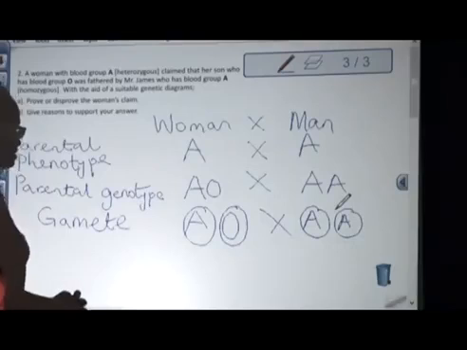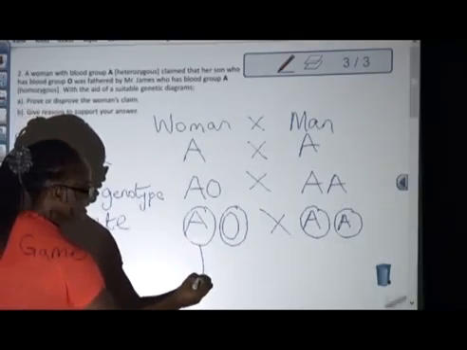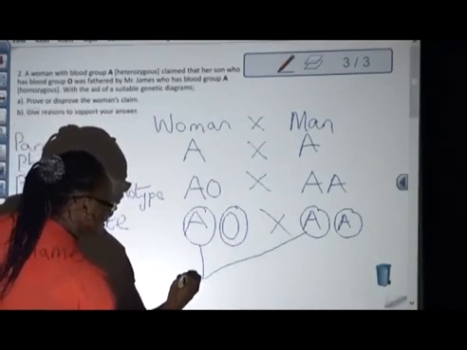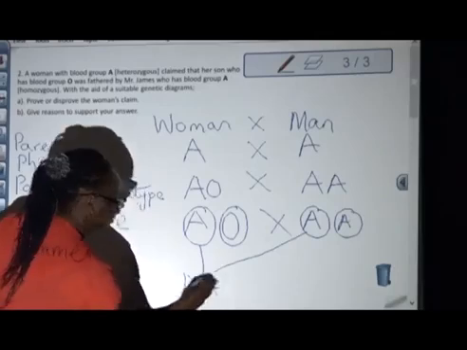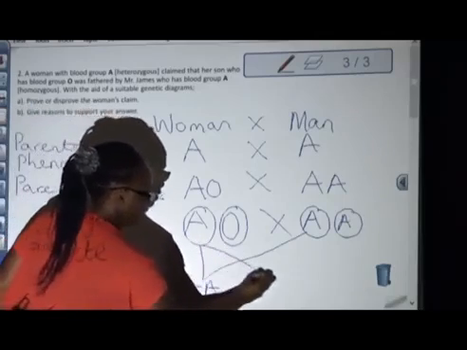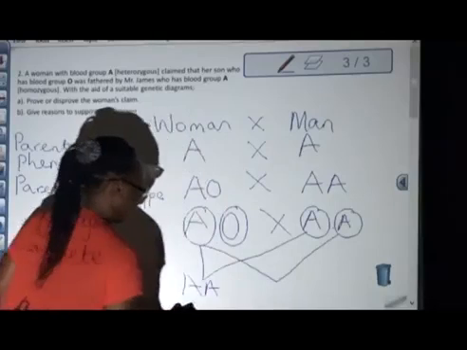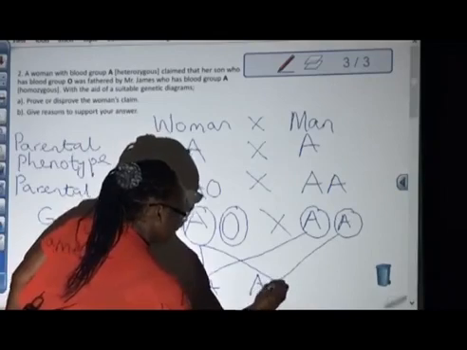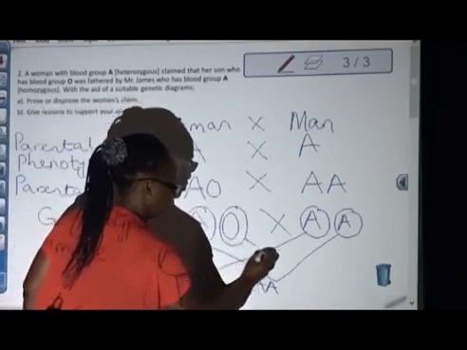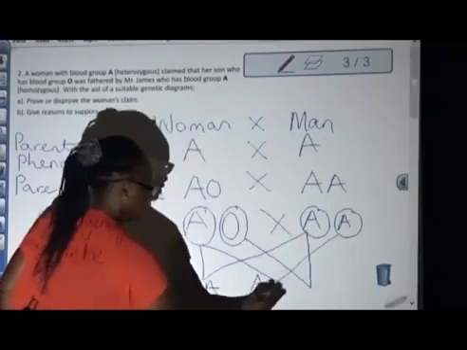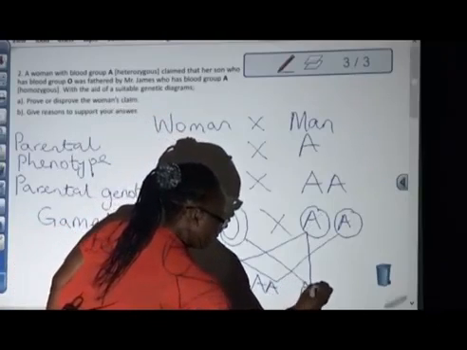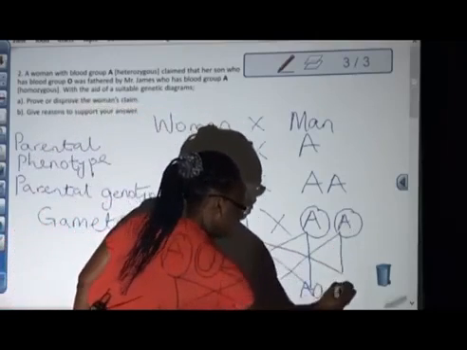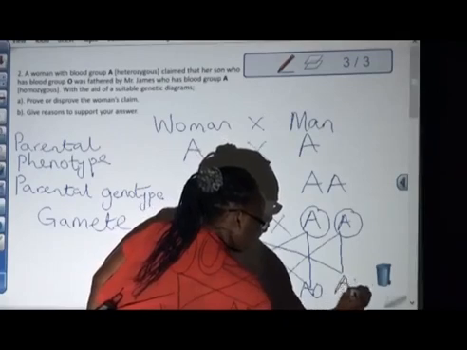Let us now cross it. A with A will give us AA. A with the A of the father will give us AA. The O with the A here will give us AO. The O with the A will give us AO.